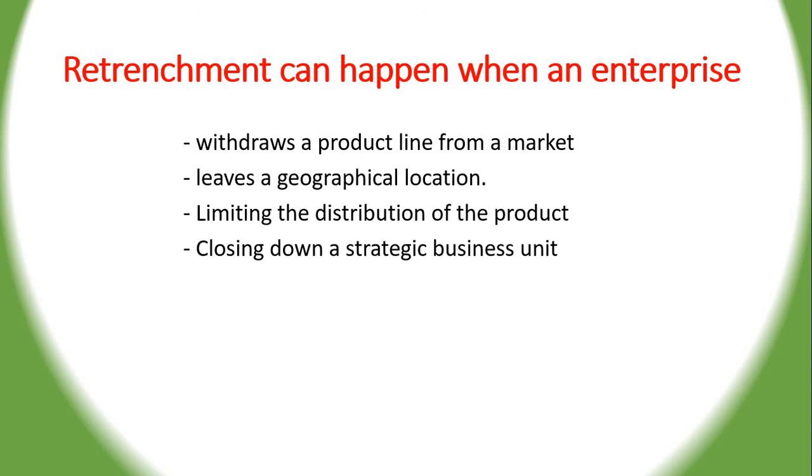Sometimes, a retrenchment happens in the form of organizations withdrawing from a particular market or a particular place. It means they stop performing in that particular geography, or they're not distributing their product to that particular geography, or limiting the distribution of the product.